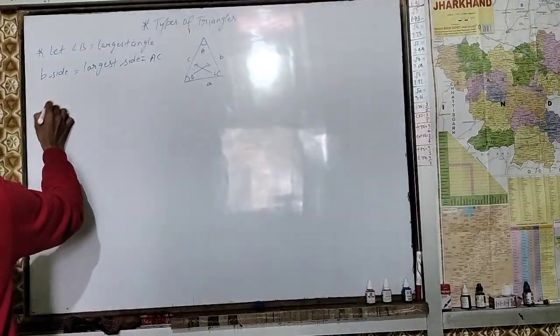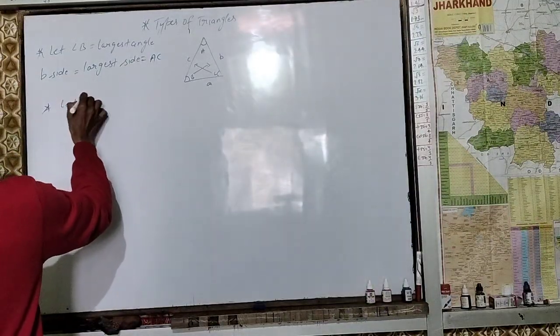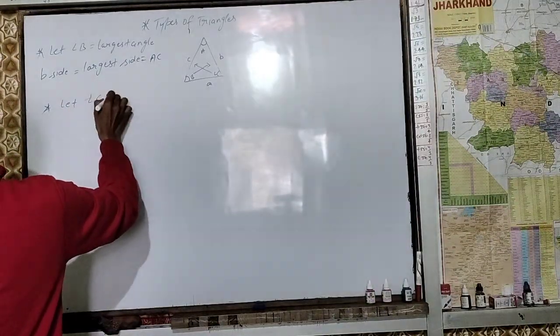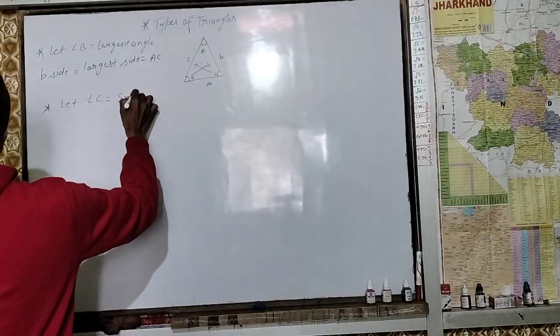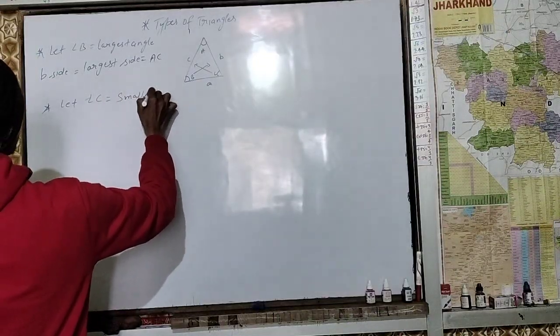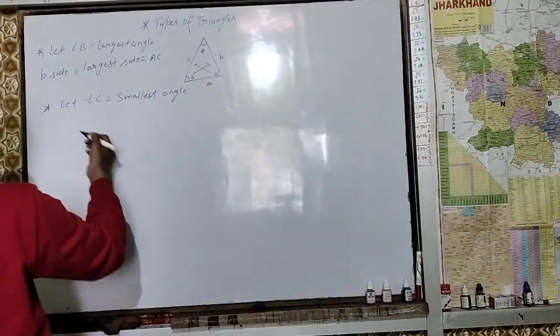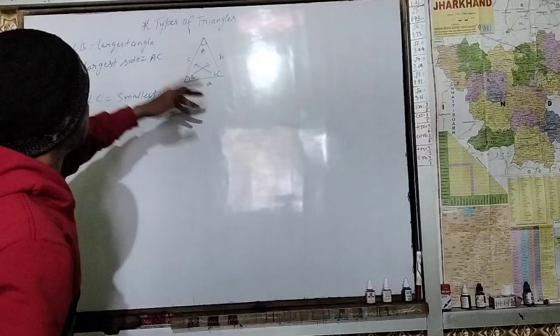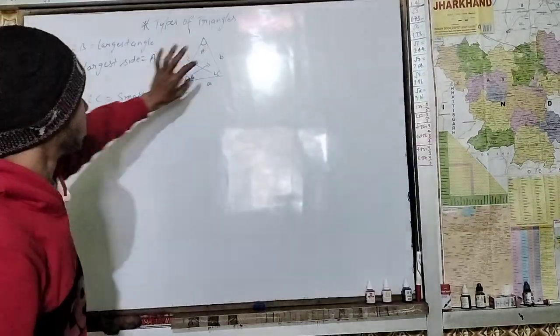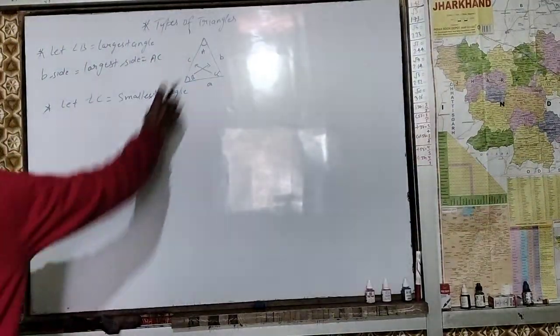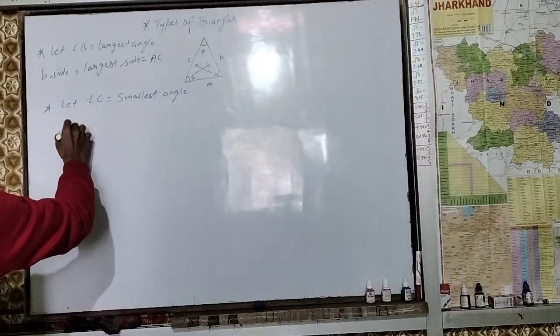Now next, let angle C be the smallest angle. If the angle is the smallest, the side in front of that angle, this side, would be the smallest.